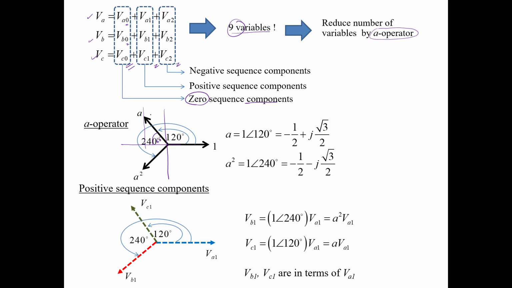If you define this as A, then A squared has the angle of 240. You rotate this with another angle of 120, basically just rotating counterclockwise. So this would lie in quadrant 3 with both negative real and imaginary parts.